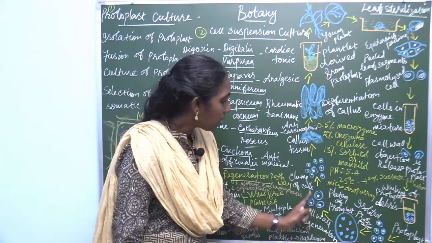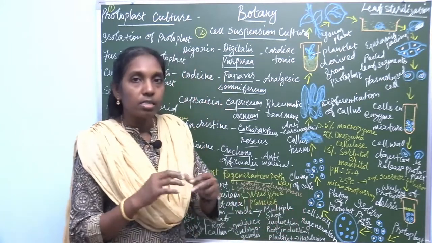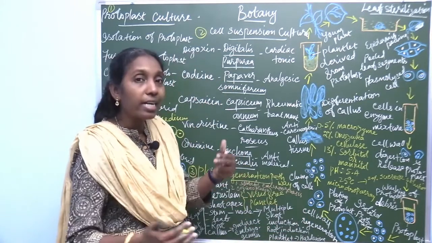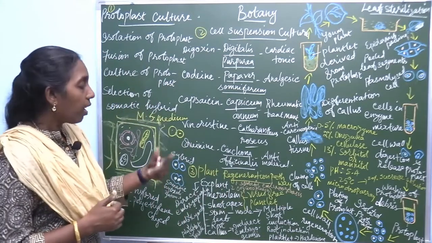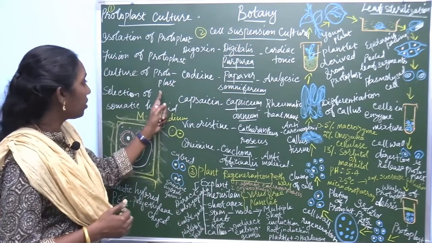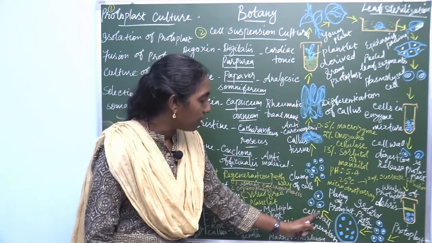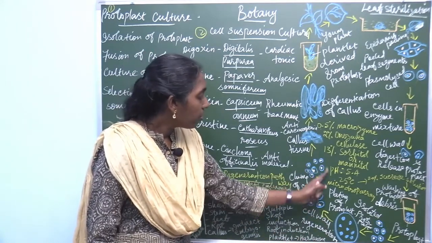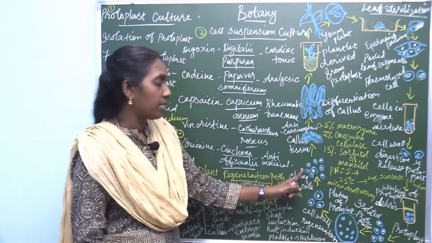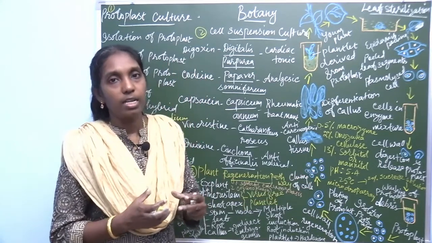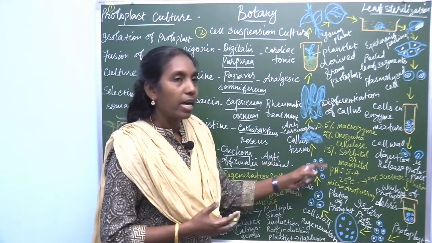The cell wall was already removed, and now after culturing, the cell wall has to regenerate. Here it starts to regenerate and produces clumps of cells. From this clump of cells, there is callus formation.